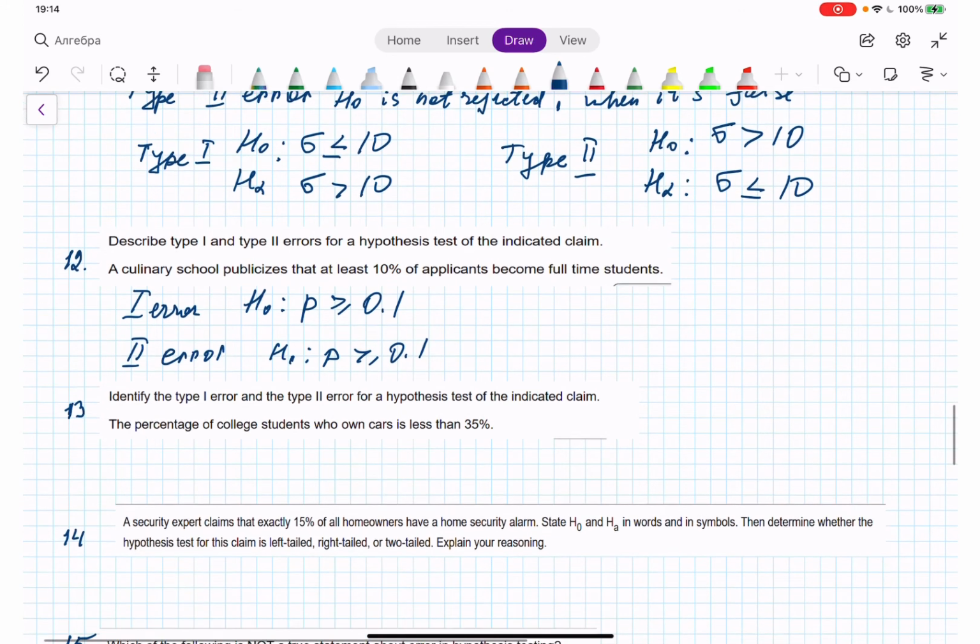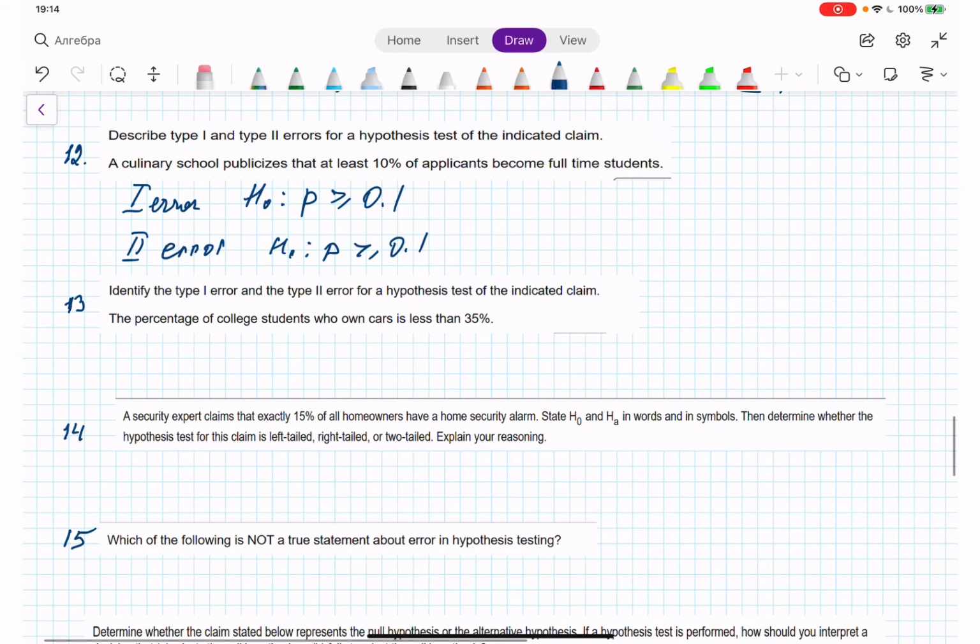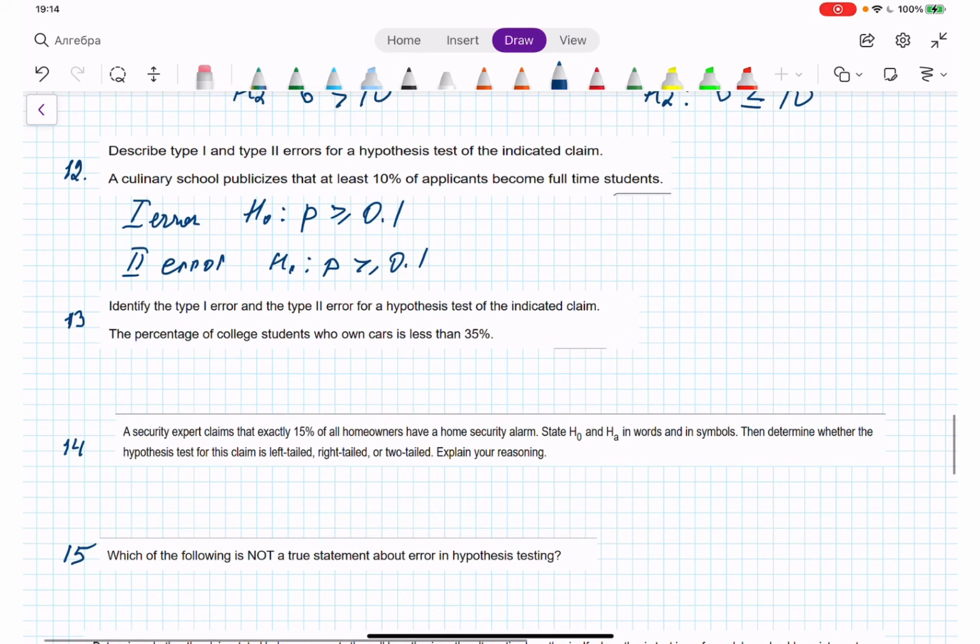Question number 13. Identify type 1 and type 2 hypotheses. Okay, what do we have? The percentage of students who own cars is less than 35%. Okay, so type 1 error.